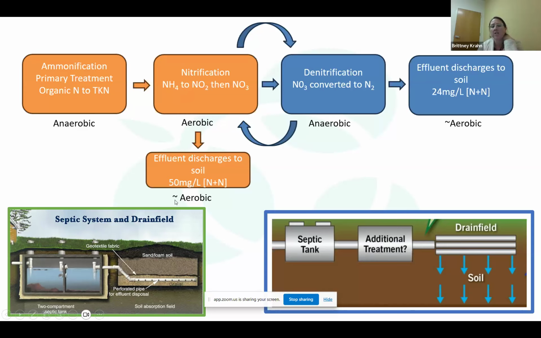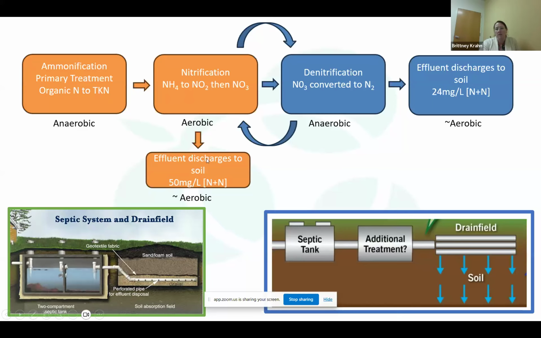I put partially aerobic here also because we're only getting that reduction from the drain field to groundwater in the vadose zone, which is pretty shallow here in Montana, specifically because of our climate and also the big gravelly soil that we see. So we don't get a ton of reduction past the drain field before it gets into the groundwater.